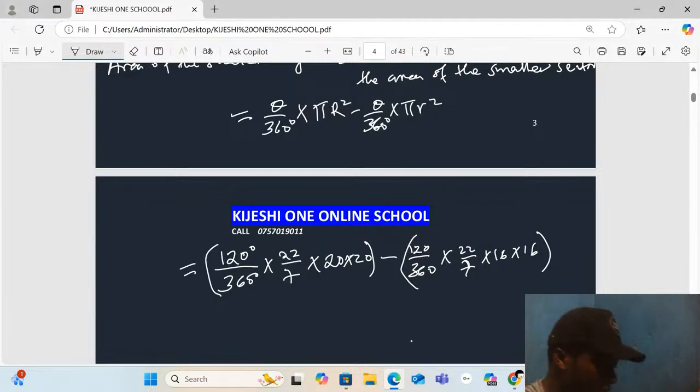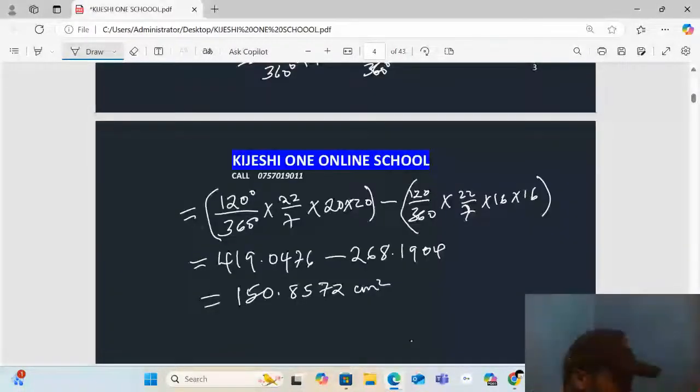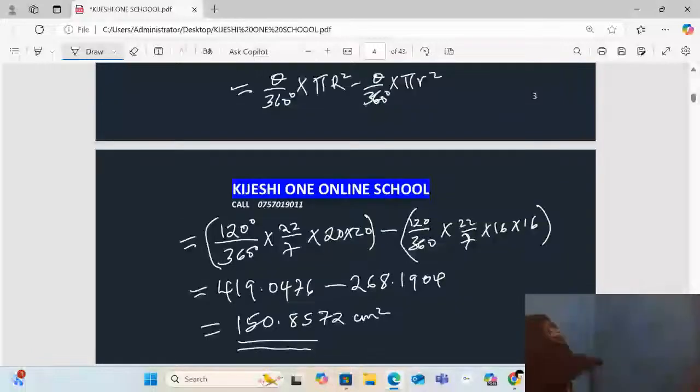419.0476. Now minus 16 squared, and you get the area of the shaded region. The area of the shaded region becomes 150.8 square centimeters.